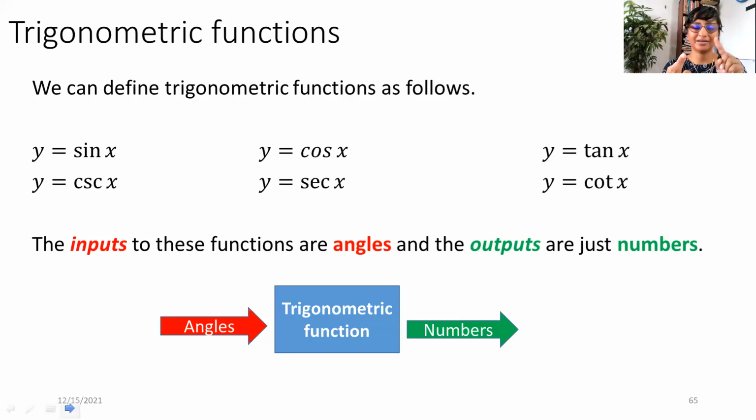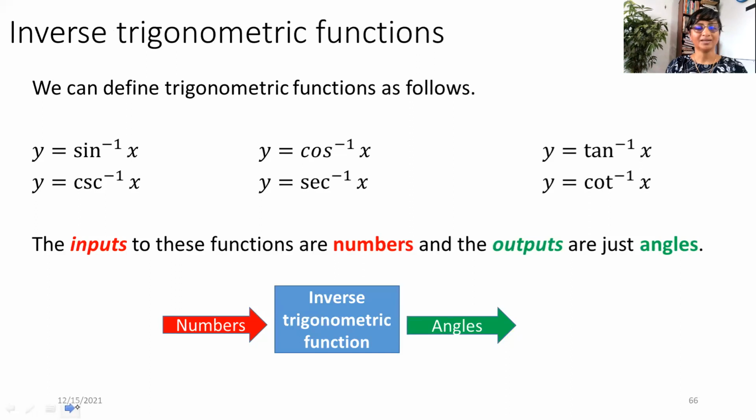And you can think of the inverse functions of these. Inverse is the button that you press in the calculator when you want to find the angle corresponding to a given value. So the inverse functions of those 6 trigonometric functions are sine inverse x, cos inverse x, tan inverse x, and so on.